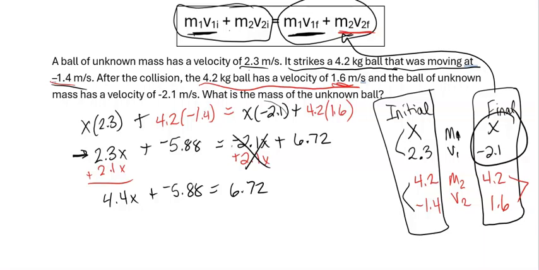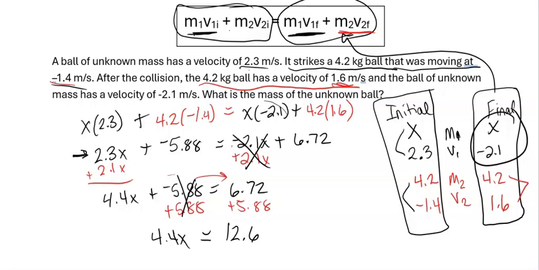Now I'm going to move my constant that is on the side here with the x to the other side, and I'm again going to use inverse operations, so I'm going to add 5.88 to both sides. And then that is going to give me 4.4x, because those cancel out. And 6.72 plus 5.88 is 12.6.